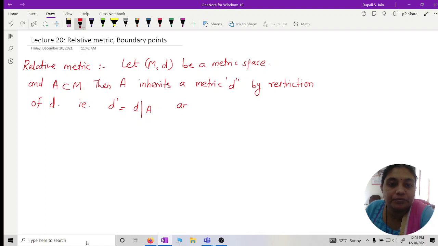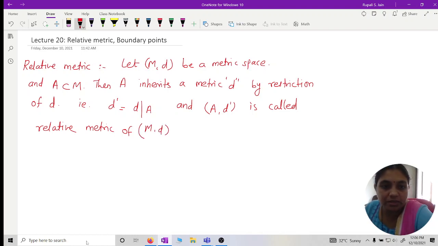And this (A, D dash) is said to be, or is called, the relative metric space of the metric space (M, D). (M, D) is our original metric space.